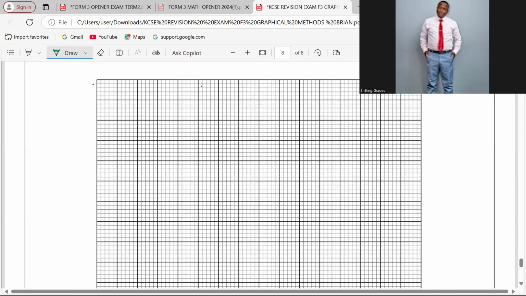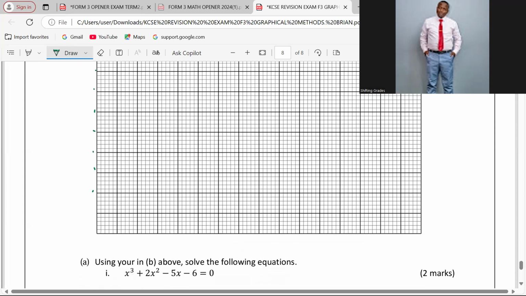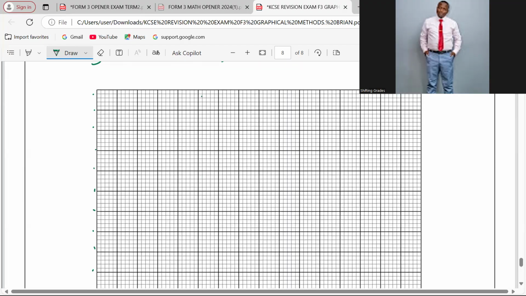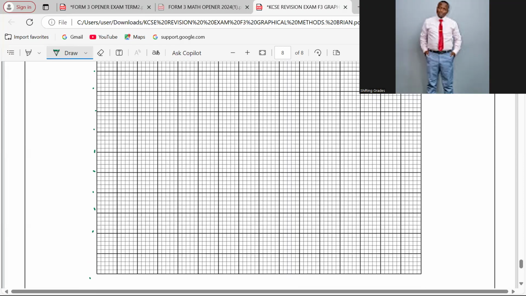So I'm having around 10 intervals, so I can use intervals of 5 for the vertical axis. That will be very fair.